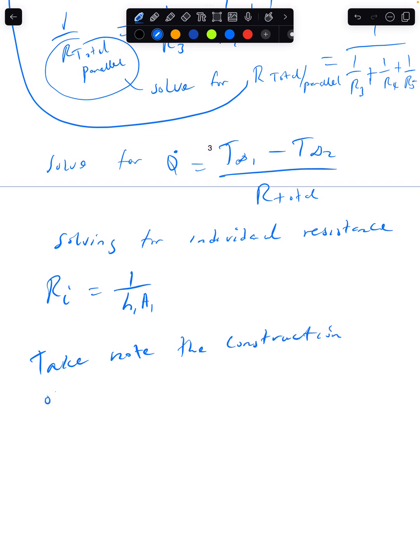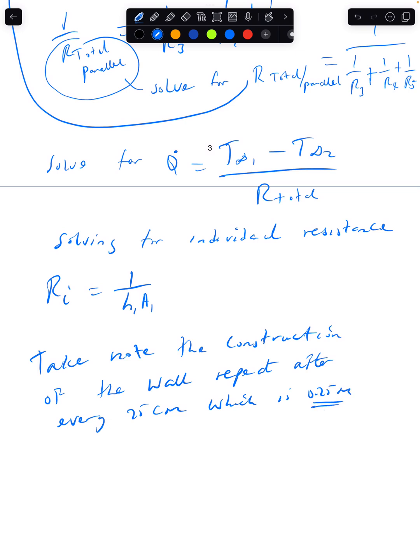The construction of the wall repeats after every 25 centimeter, which is equal to 0.25 meter. There is a repetition.